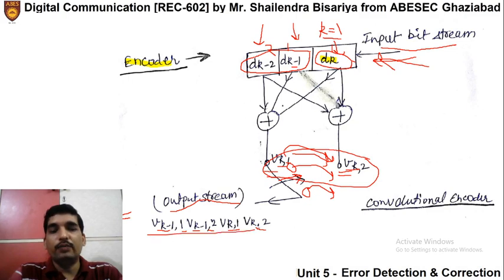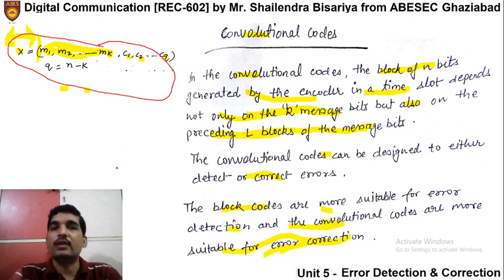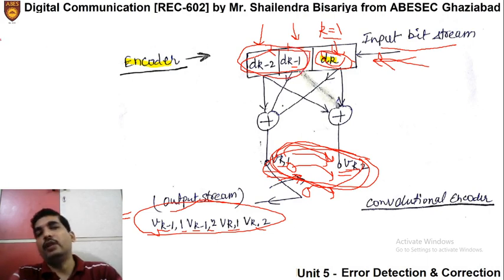So this output is totally different from the code word generated in a linear block code, where it was k message bits followed by q check bits. Here the output generated is just the convolution of different bits, where not only the present message bits take part, but a few previous message bits also take part.